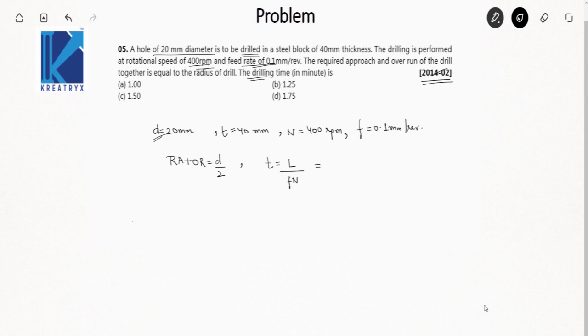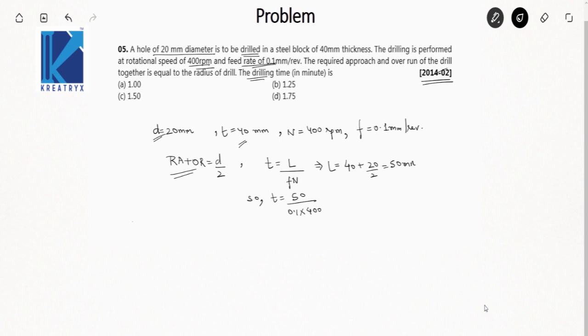Now we'll put the value of L. What is L basically here? L is the total thickness which the drill will have to pass, which is 40 mm, plus required approach and overrun, which is d by 2, and d by 2 is 20 by 2, which is 10, so 50 mm. So the drilling time will become 50 mm divided by feed. Feed is 0.1 mm per revolution into 400 revolutions per minute.